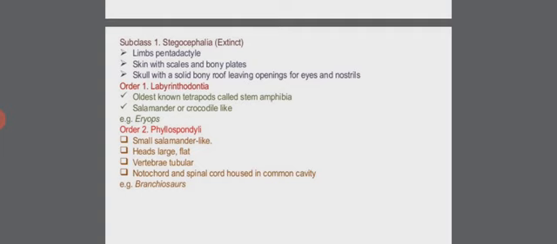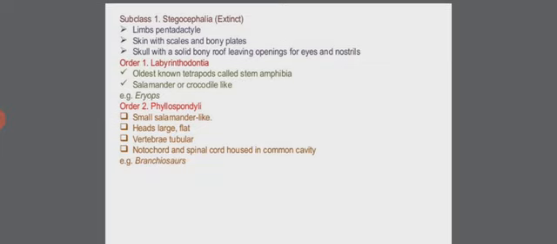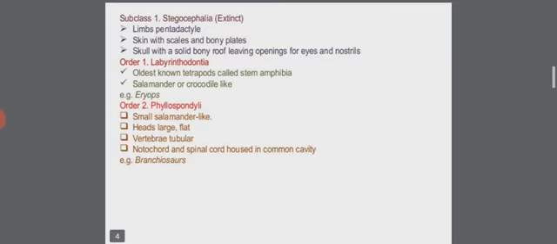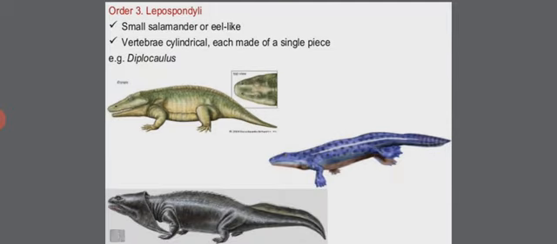And order 2, Philospondyle, comprised of small salamander-like amphibians, which had a large, flat head, and the vertebrae were tubular, notochord and spinal cord are housed in a common cavity. Example, Brachiosaurus.